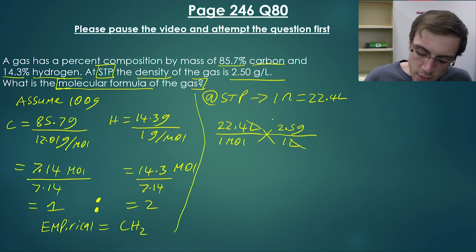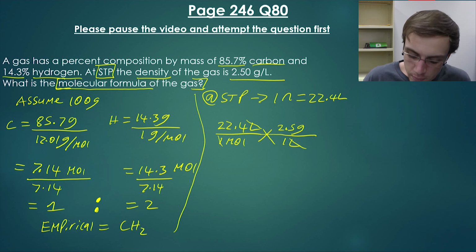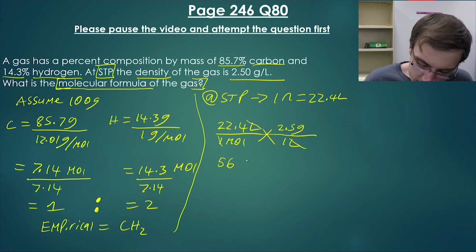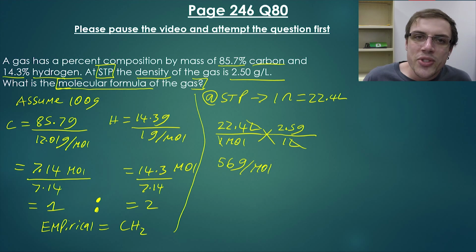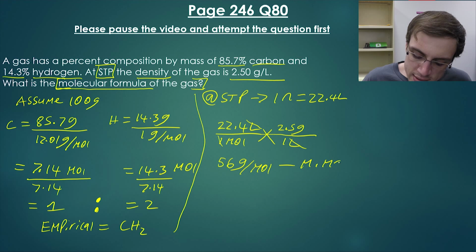So we have 22.4 multiplied by 2.5 grams, and we have 1 mole at the bottom. Anything divided by 1 is itself. So 22.4 times 2.5 is 56. Our only unit left on the top is grams, and the only unit on the bottom is mole. So grams per mole is our molar mass.